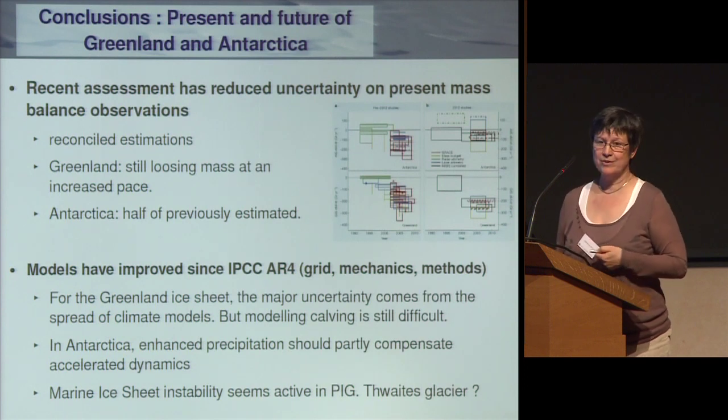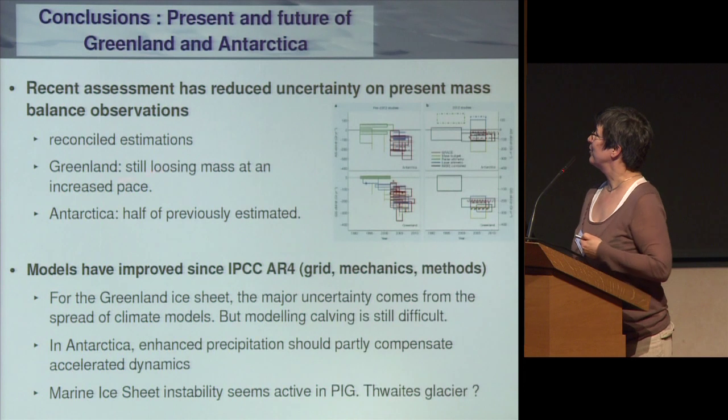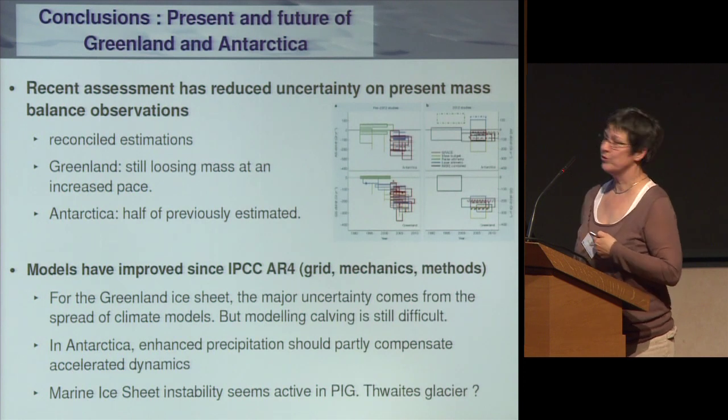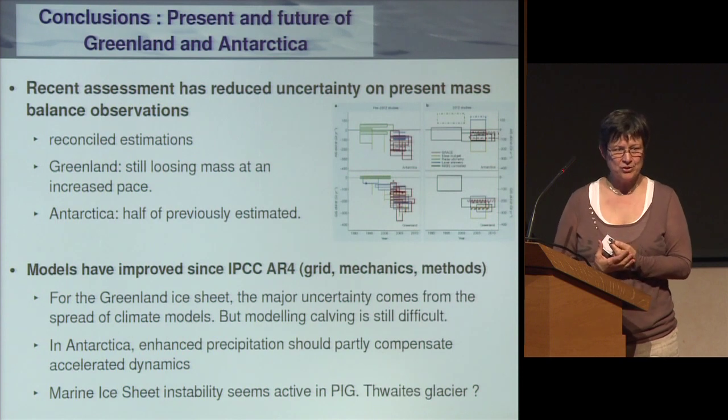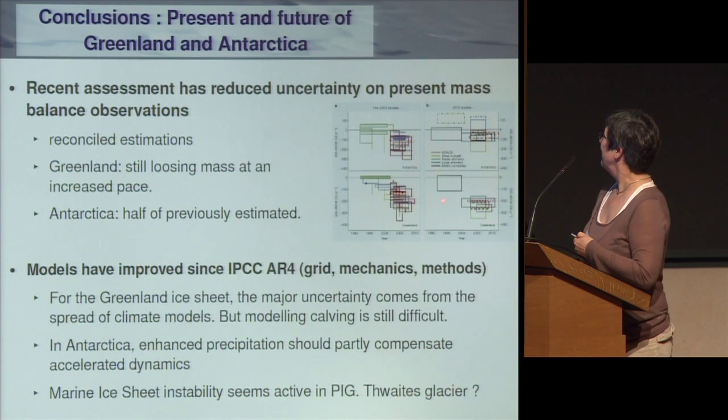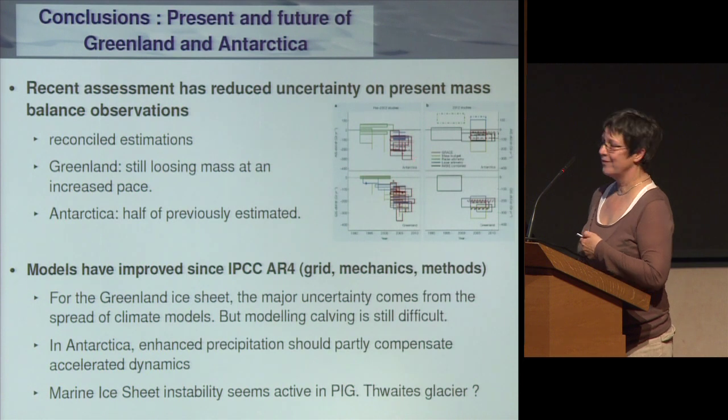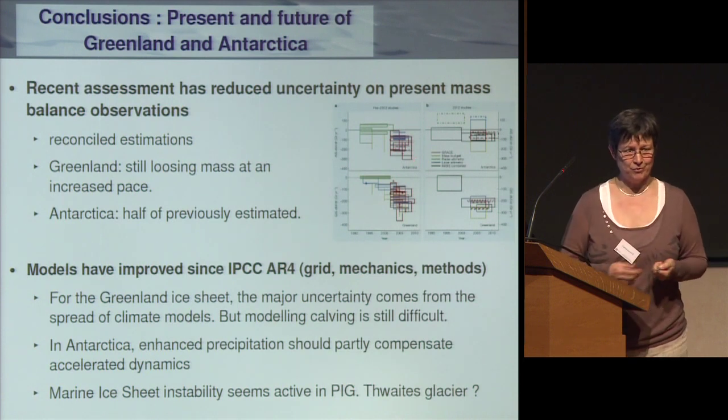So these are the conclusions. The recent assessment has shown that the data about the estimation of present mass balance is much better than it used to be. For the Antarctic ice sheet, you see here, before 2012, we had a very increasing loss of mass.